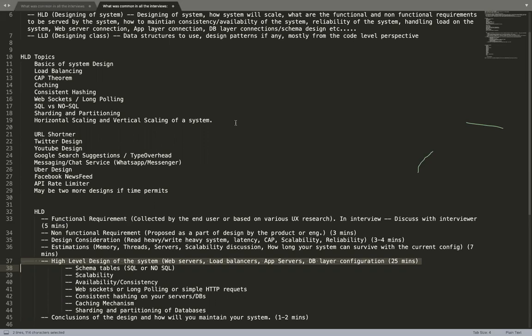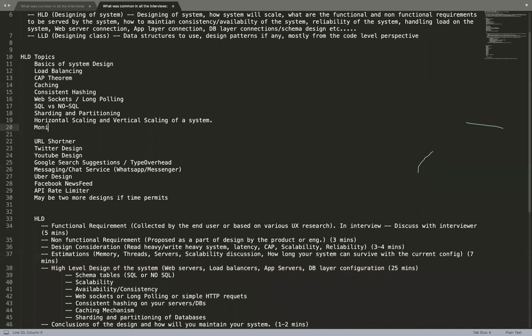Correct? Okay. One last thing: are we going to discuss anything on performance or monitoring? Performance and monitoring, I can talk about that. I'll try to take it as a part of one of the lectures. Let me add it. Performance definitely will be discussed, because I've mentioned latency clearly multiple times.